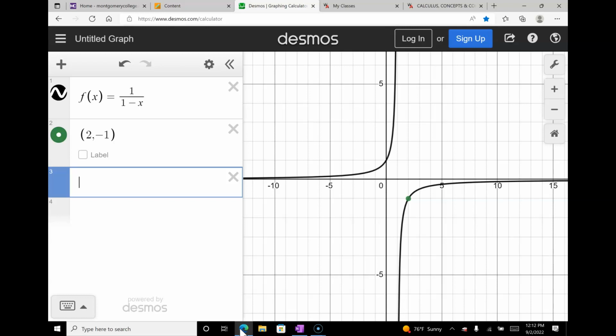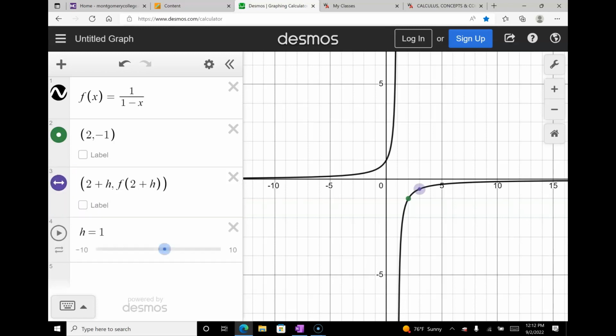You agree? a is 2 now, right? I got 1 point fixed. I want the tangent line there, right? So I have to pick some point later for the tangent line. So I'm going to use 2 plus h, a plus h. Do you get that? Comma, f of 2 plus h. So there's my second point.